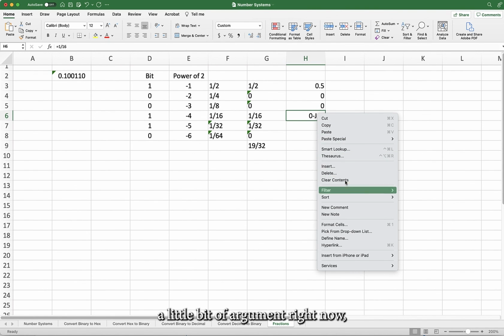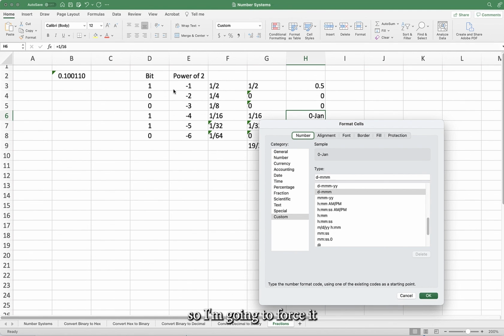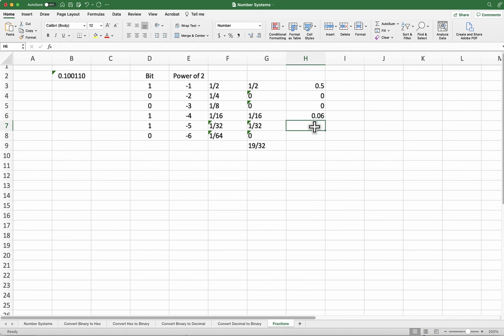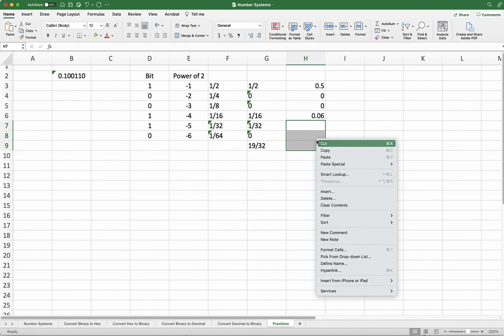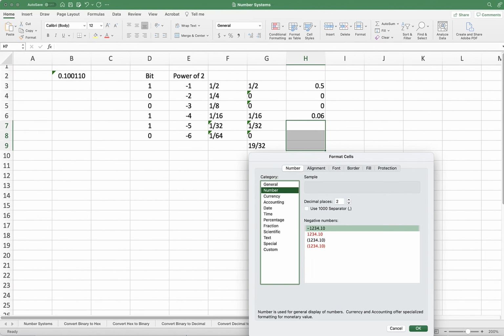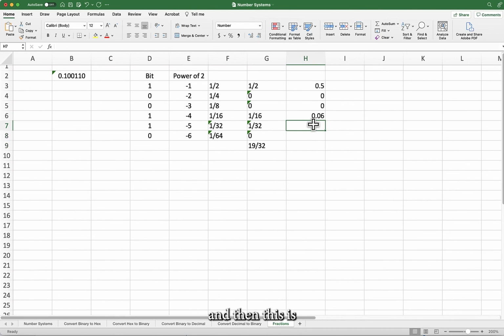Excel and I are having a little bit of argument right now, so I'm going to force it to what I want. And then this is going to equal. And now when I sum this up, I'm going to get 0.59.